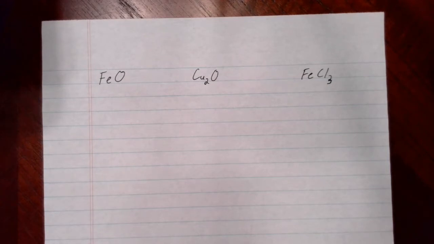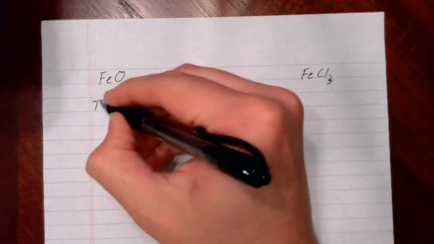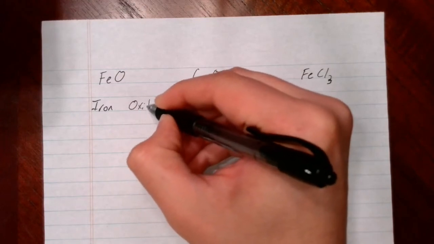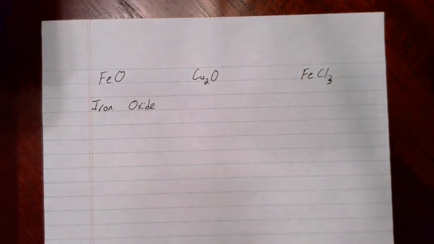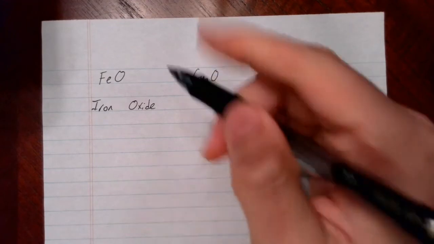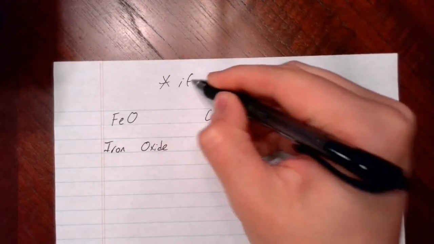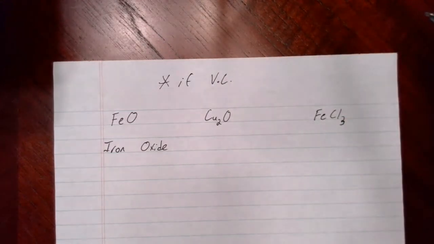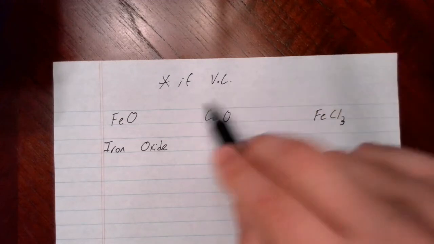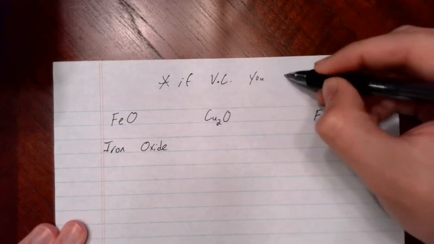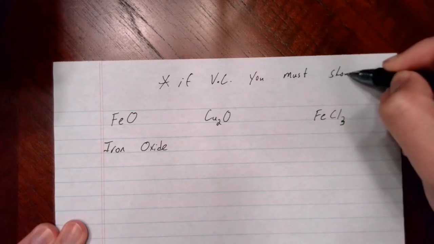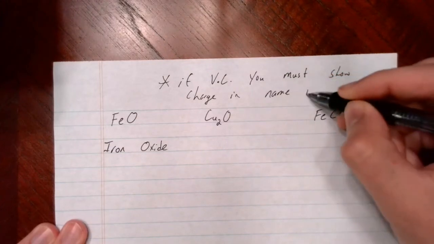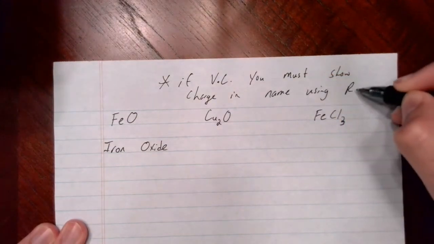So let's go ahead and do what we already know first. I have iron, I name the metal, change the nonmetal to -ide: oxide. But now, if variable charge, VC, if it's a transition metal, and there are a few exceptions that we'll discuss, you must show charge and name using Roman numerals.